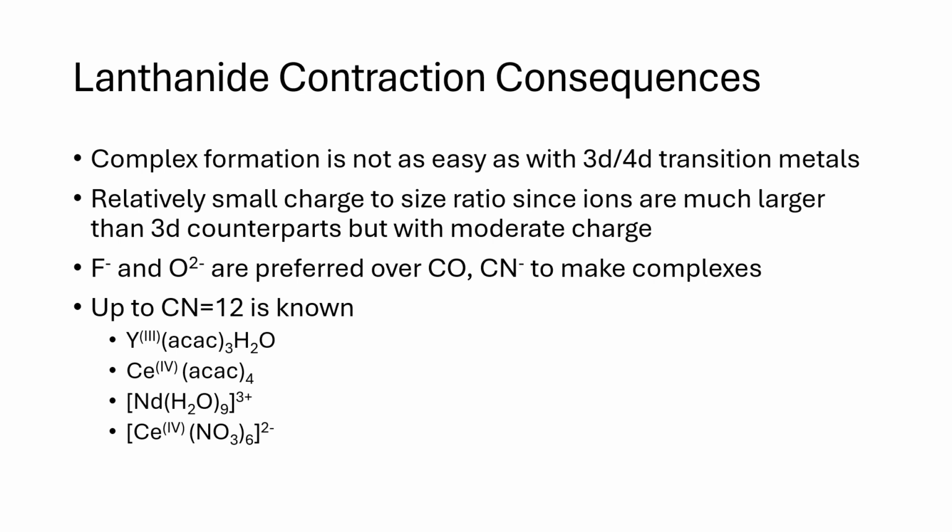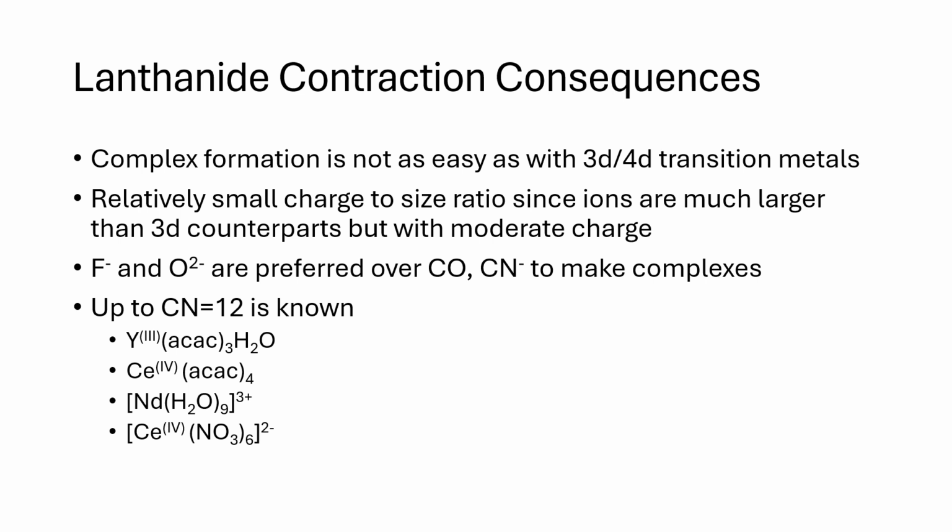The size of the ion in relation to the charge on the ion, remembering that the +3 state is most stable, is actually relatively small. And therefore, those ions do not have the driving force to make a large number of different types of complexes.